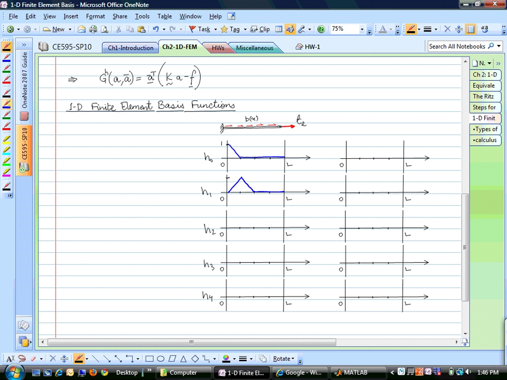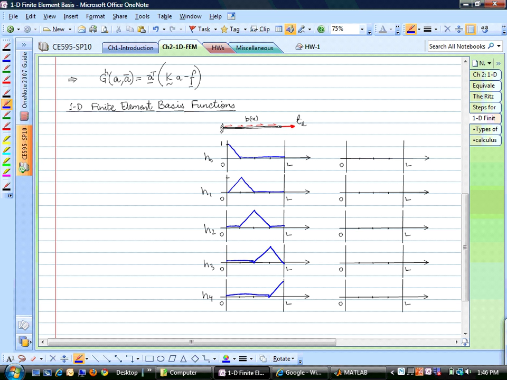So if you draw all these functions, they are called hat functions. And the next one is this, and finally you have this. So these are shape functions or finite element basis functions.